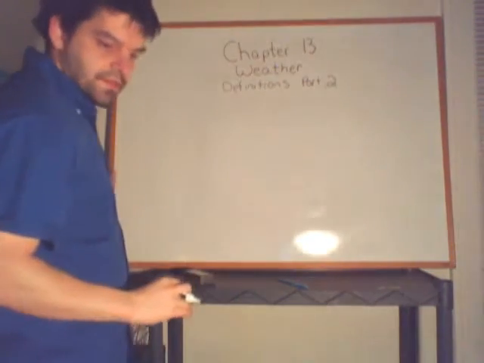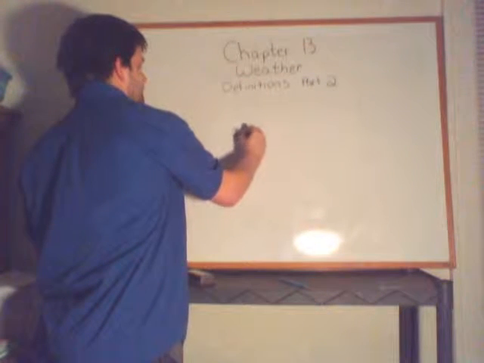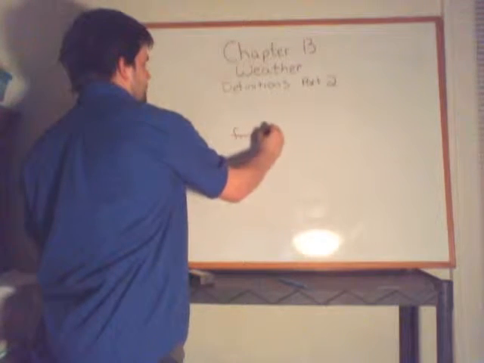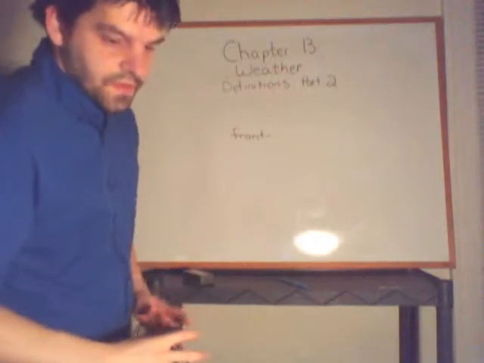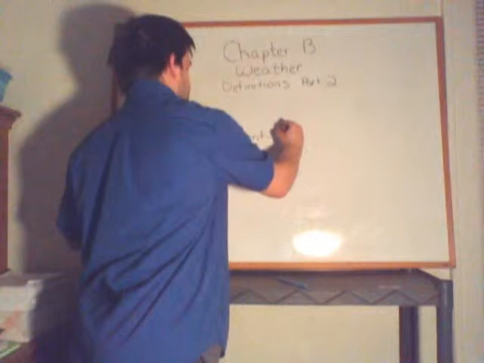So the next definition is another contrast with an air mass. So this is called a front. So a front is a boundary between two air masses. Okay.